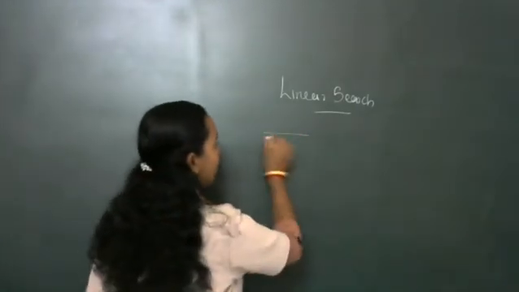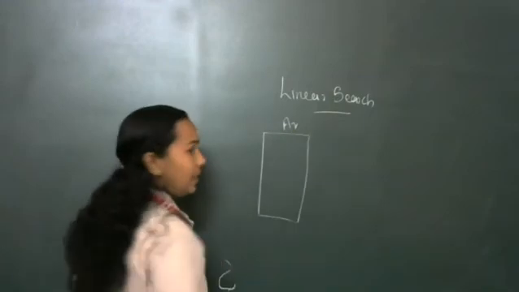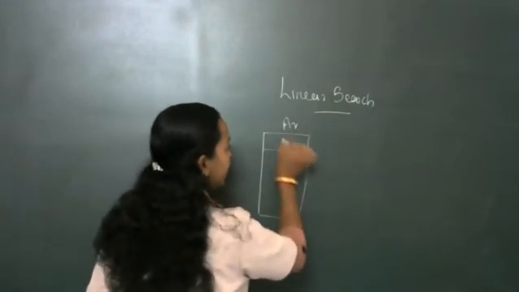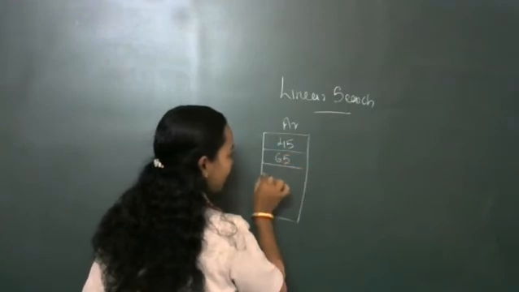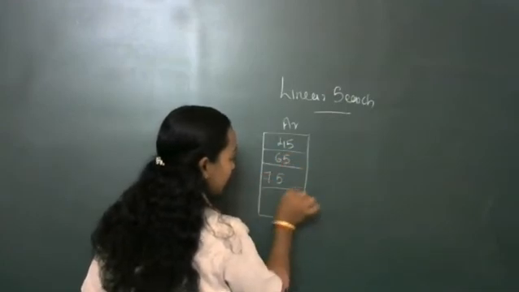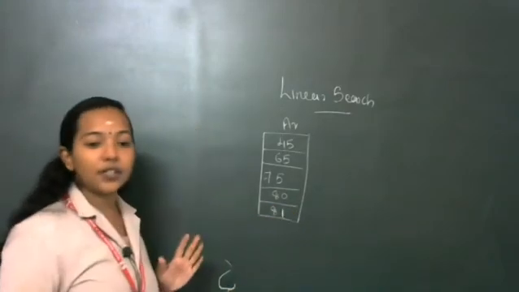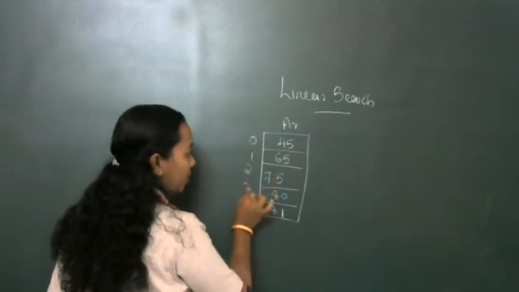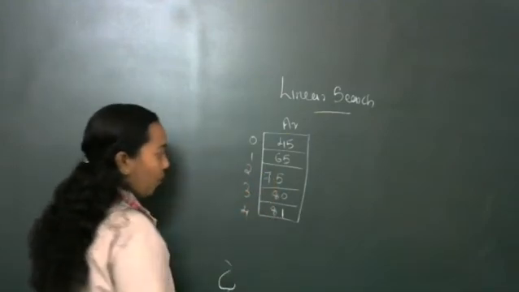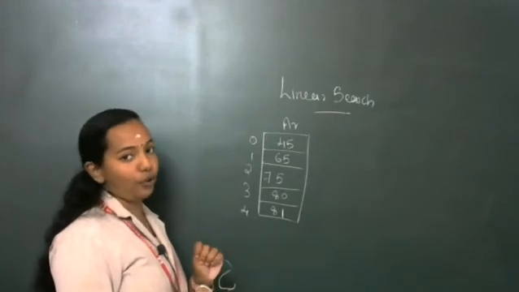Let us assume the array name is AR. It consists of 5 elements, at locations 0, 1, 2, 3 and 4, starting from the 0th location and ending at the 4th location.